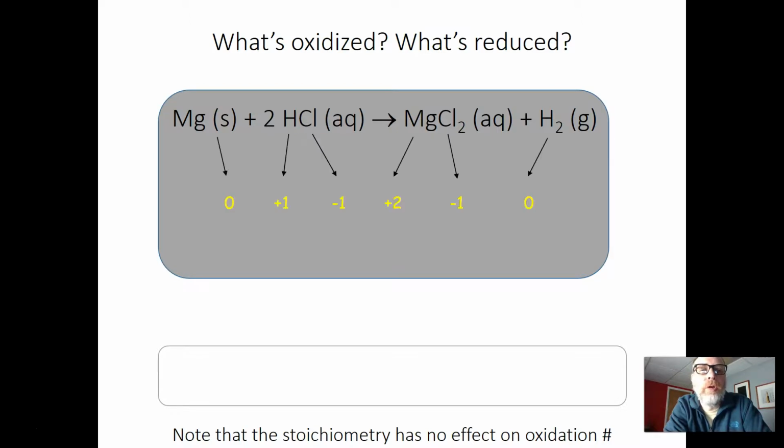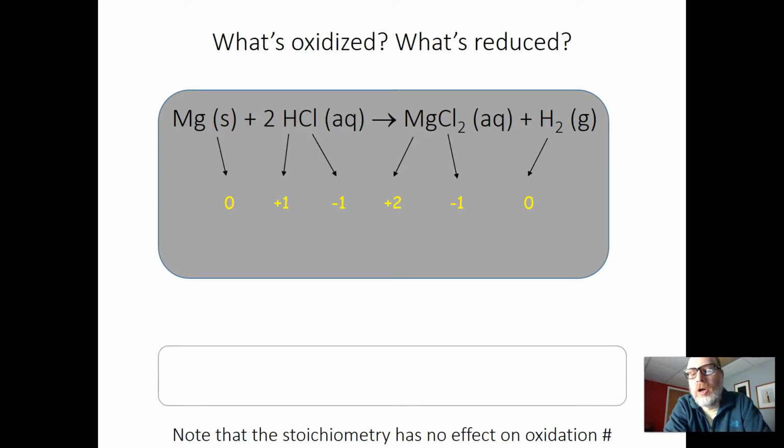So if you look here, the magnesium's in its elemental state. Oxidation number is 0. Hydrogen in a compound is +1. Chlorine then must be a -1 to balance that +1 because HCl, or hydrochloric acid, has a charge of 0. Magnesium chloride on the other side is an ionic compound.